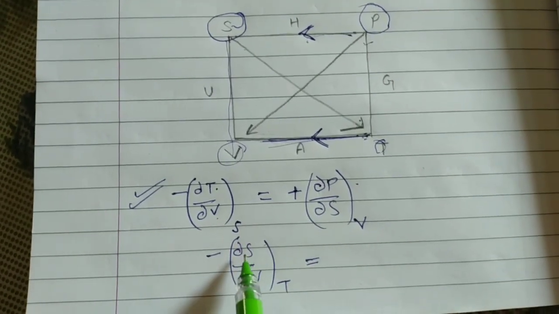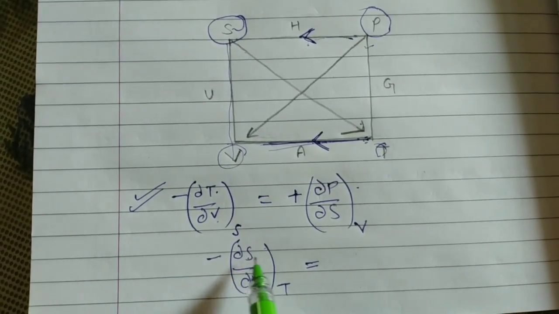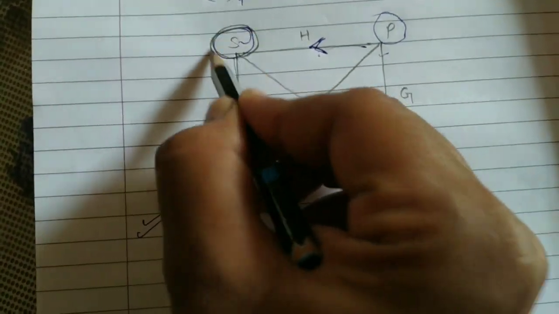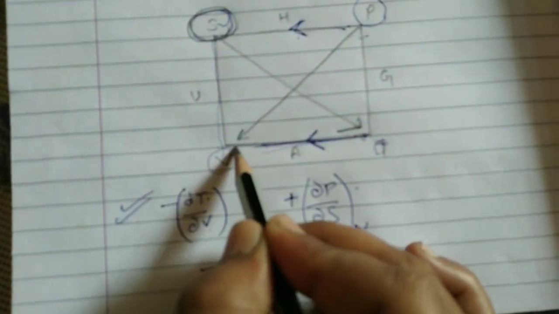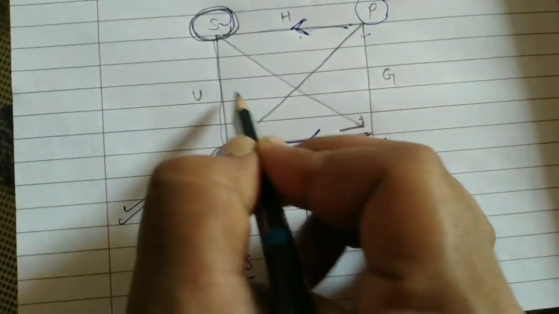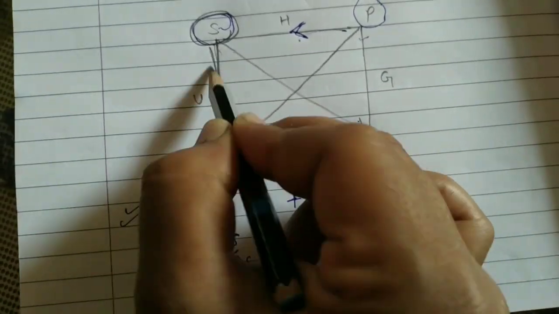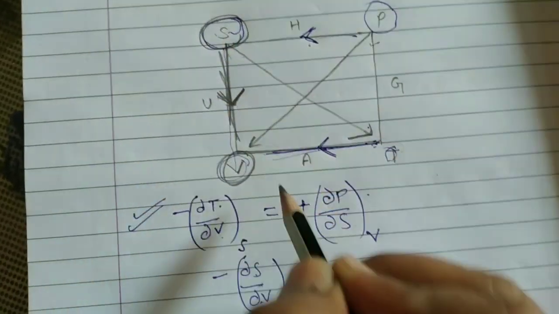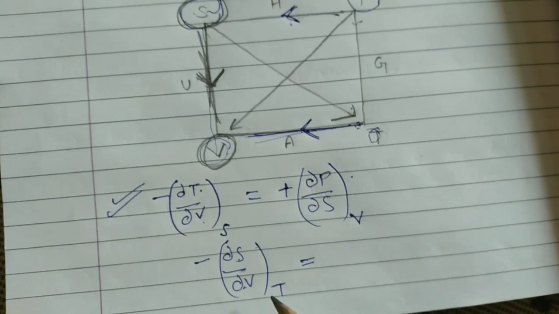The path is going from entropy to volume and then temperature. This is entropy, then volume, and then temperature. So we are going like this, entropy to volume and then temperature.